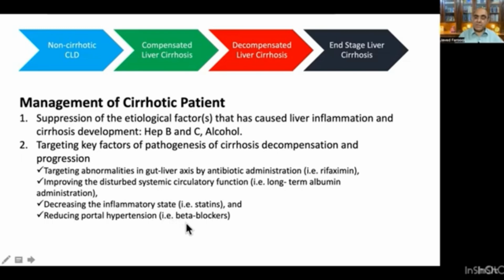Remember, the beta blockers' role is not confined to the prevention of variceal ruptures. Studies have shown that the early introduction of beta blockers when there is significant portal hypertension, even if the varices may not have developed, prevents the appearance of the first decompensatory event, which is ascites in most of the cases.